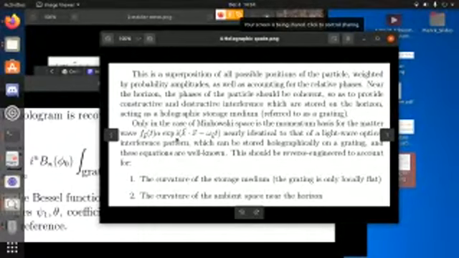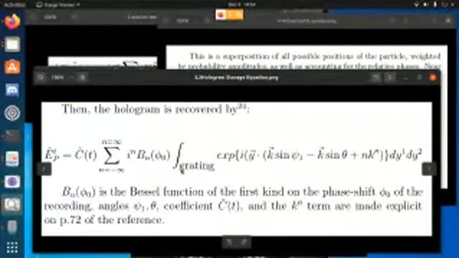Basically, the main issue is getting this matter wave that's in Minkowski space over into general relativity curved space, and then also the storage medium itself is flat in this equation. So one of the challenges is to change the flat surface over into a curved surface.